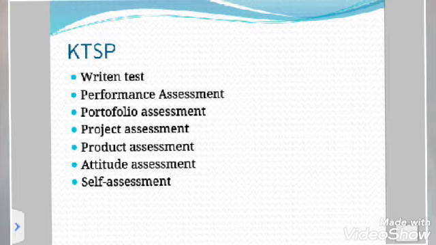The next is KTSP assessment. There are written tests, which are tests in written form that measure student competence in the cognitive aspect, where students can answer questions by writing sentences, coloring, giving signs, drawing graphs or diagrams, and so on.